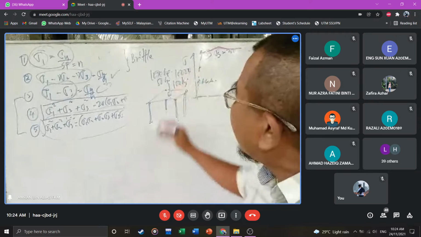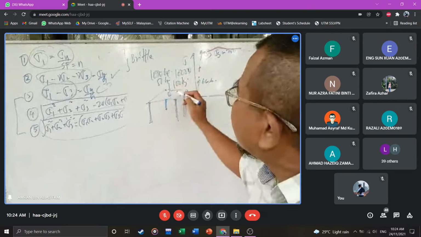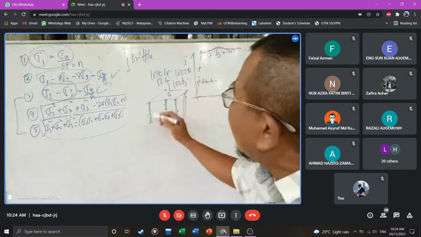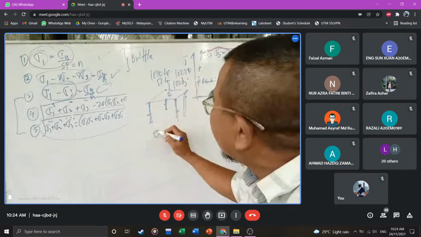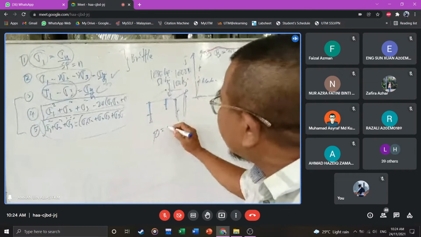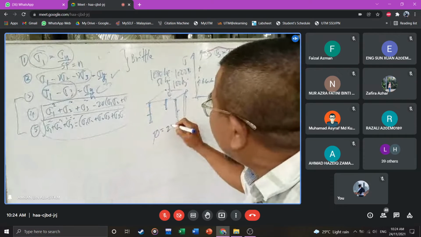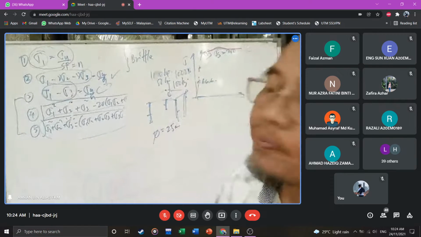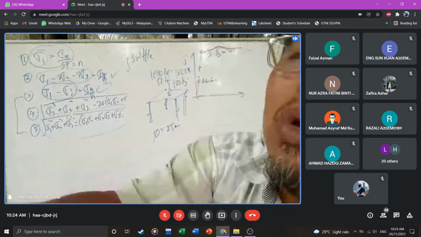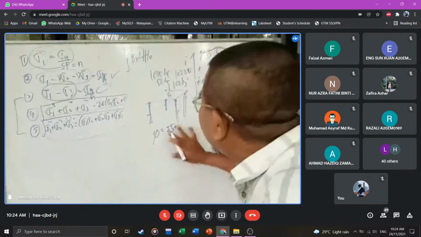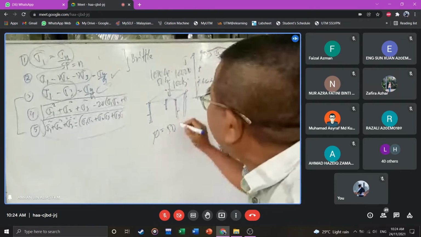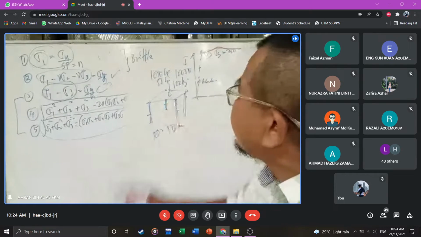Divide by 4 here, and then you select the size. Maybe this is plastic. The size is, let's say, 25 mm diameter, or 50 mm. I don't know. 50 mm each.